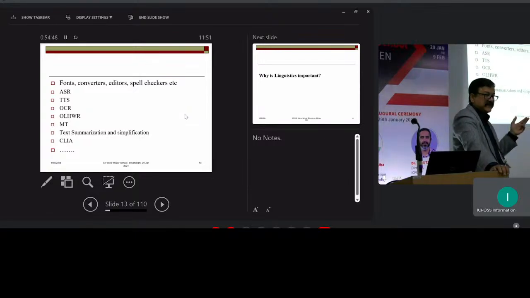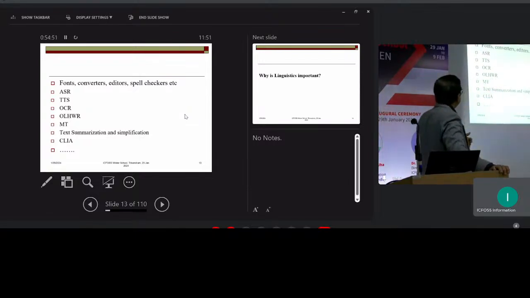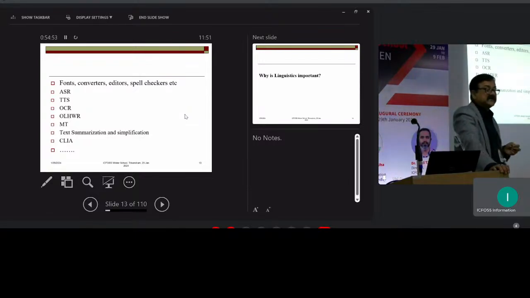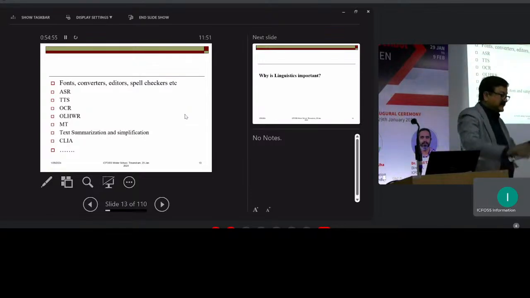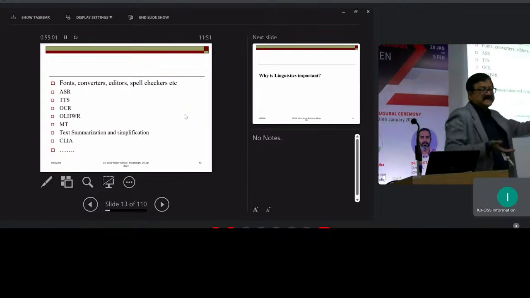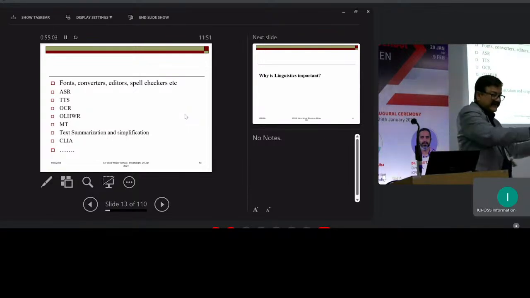Different things. Then OCR, optical character recognition, where there is an image of a text, for example a manuscript or printed text, and I want to convert it to typed text.